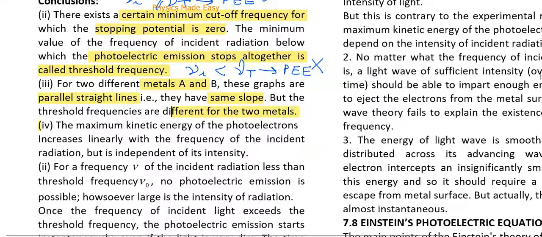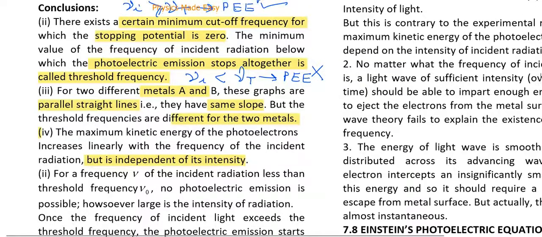Next point. The maximum kinetic energy of photoelectrons increases linearly with the frequency of incident radiation, but is independent of intensity. Maximum kinetic energy is independent of intensity. So I will write it in a mathematical sense, with Km.